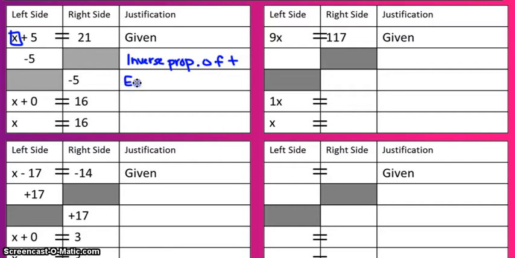That's the equality property of subtraction. Then 5 minus 5 is 0, and 21 minus 5 is 16. That was computation. Going from x plus 0 to x, that's using the identity property of addition.